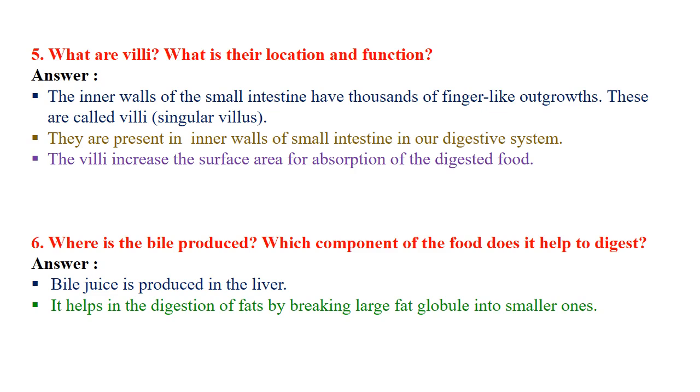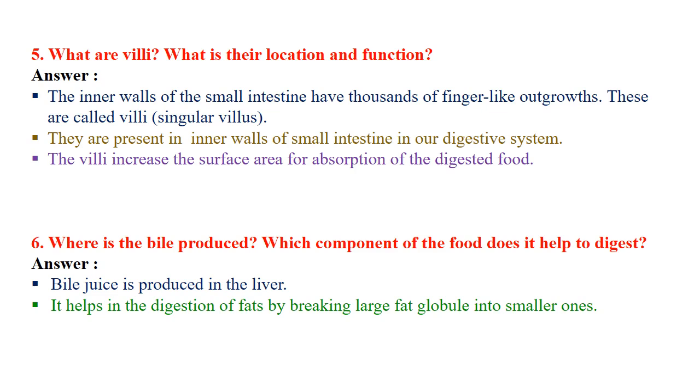As you know, villi are connected to blood vessels, which absorb the food and pass it to all parts through the blood. So it increases the surface area for more absorption of digested food.